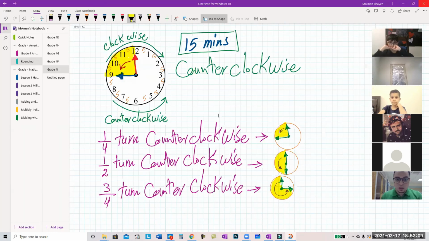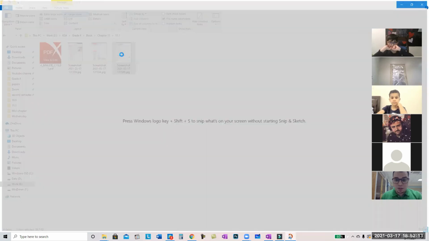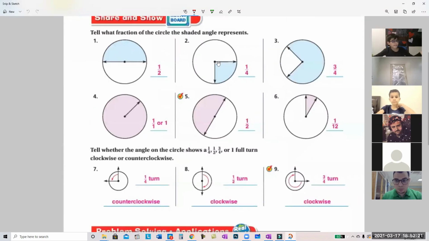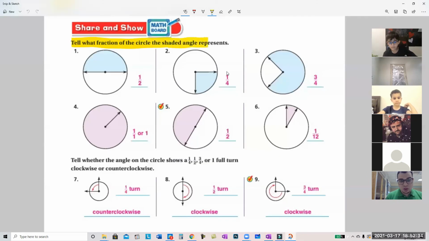Okay, let's skip the next page, and let's move to page 603. Okay, now, as you see here, it asks you to tell what fraction of the circle the shaded angle represents.